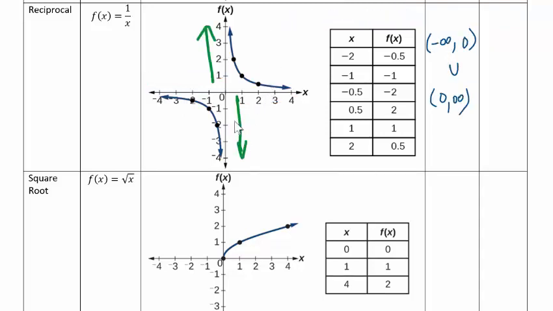And we would look at the y values to determine the range, and we see that this graph also has many y values except for y equals 0, and therefore the range is going to be written in a similar manner. Okay, from negative infinity to 0, union from 0 to infinity.